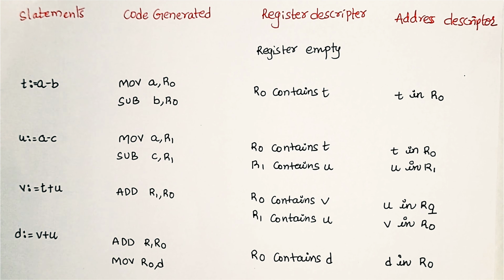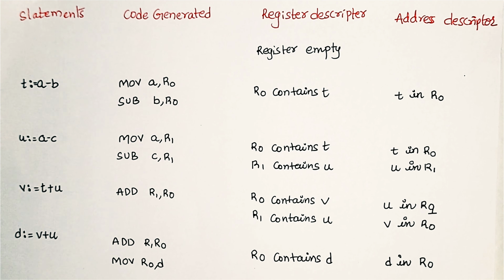Next you see u is equal to a minus c. Move a comma r1. R0 is already used, so we come to r1. Move a comma r1, then subtract c comma r1. Subtract c comma r1 means we are going to subtract a minus c, friends.